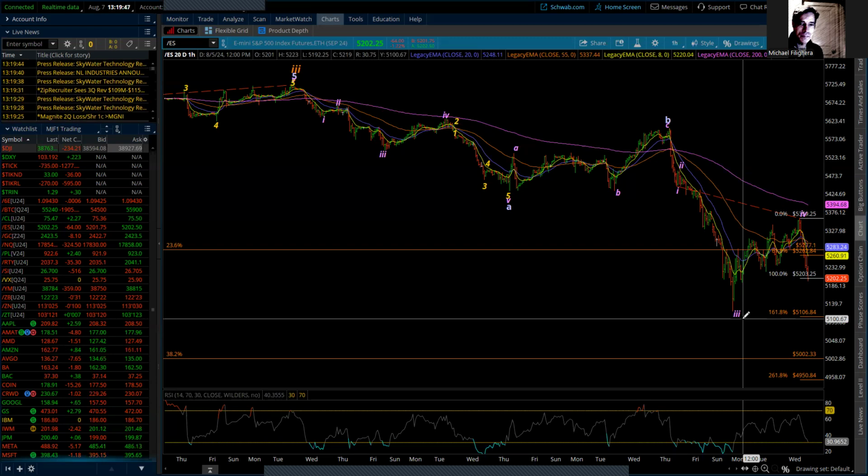Because what happens when certain levels get broken, and I'm going to go over that, it doesn't leave any question for a trader who has that position on as to what they need to do. It becomes abundantly clear, and they must just react. In fact, the algorithm will just react because it's receiving the data and it just does what it needs to do to keep the position in alignment with what's going on.